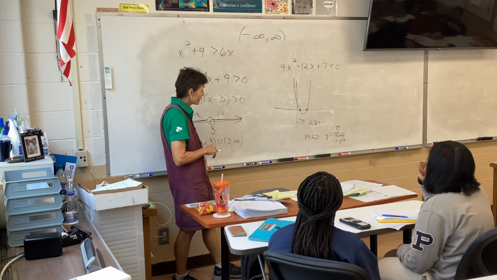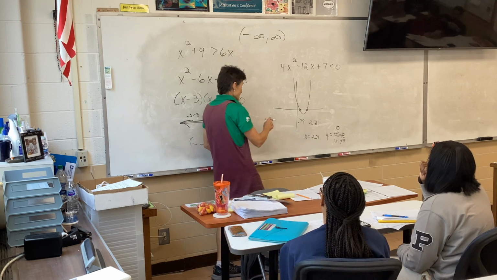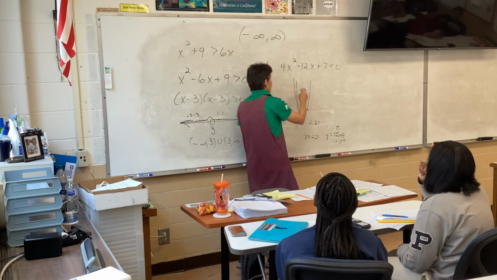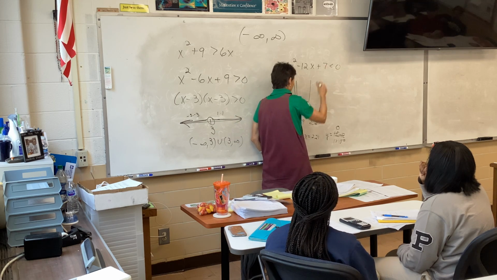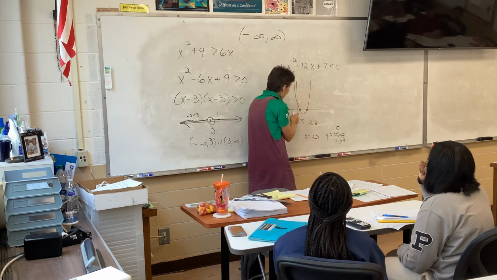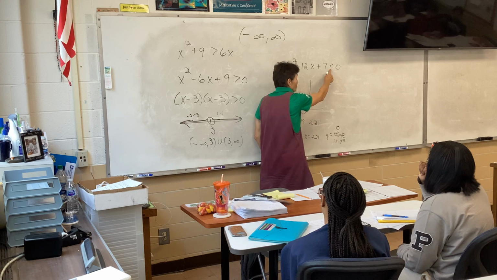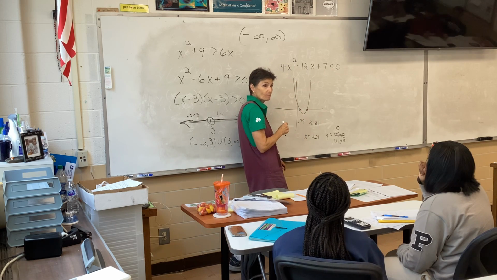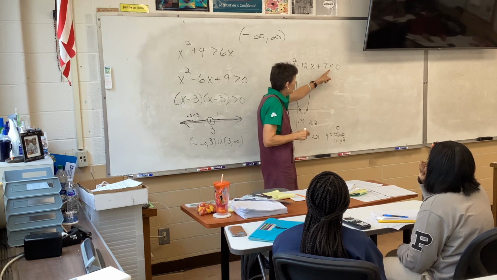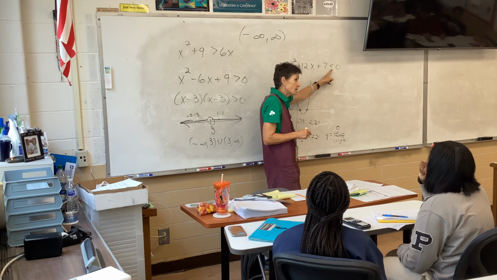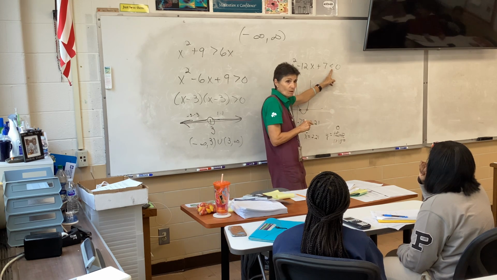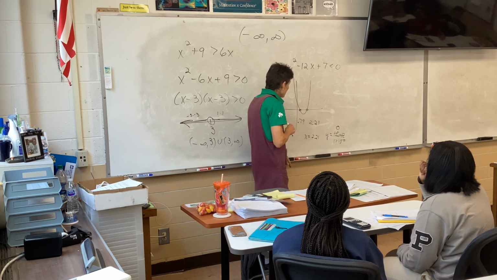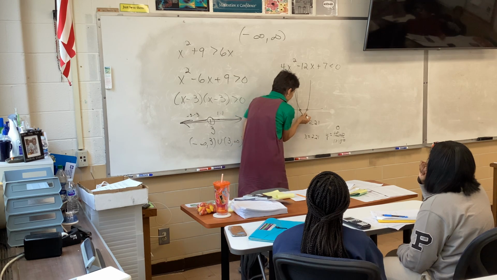Okay. These are the 2 places where this equation actually equals 0. I put open dots there because I'm really not supposed to equal 0, right? But I want to know where the parabola is less than 0. So on your graph, does it make sense that it would be this part right here?